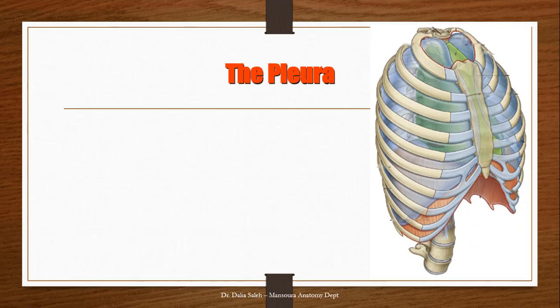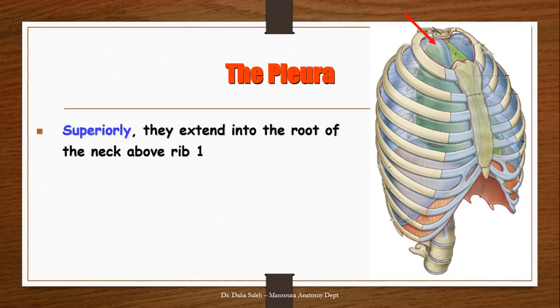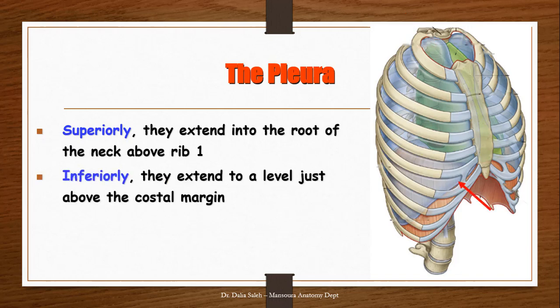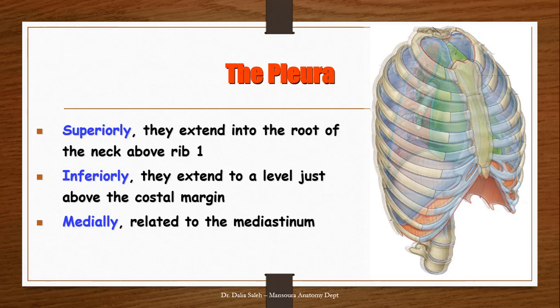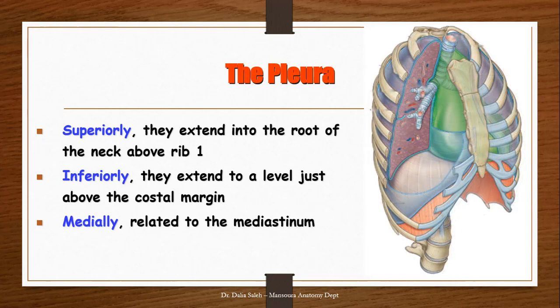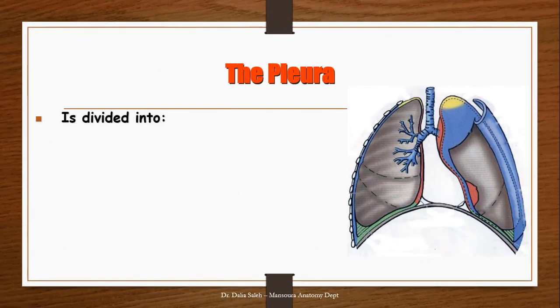Let's start first with the parietal pleura. Superiorly, it extends to the root of the neck just above the first rib. Inferiorly, it extends down to the level just above the costal margin. And medially, it is related to the mediastinum and the structures lying there. It is further subdivided into the following areas.